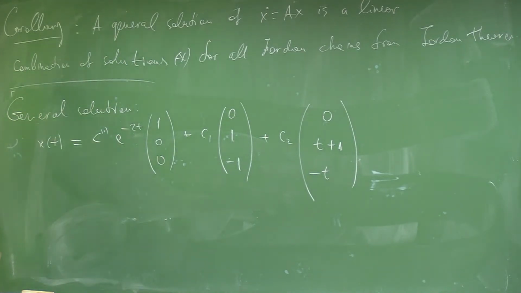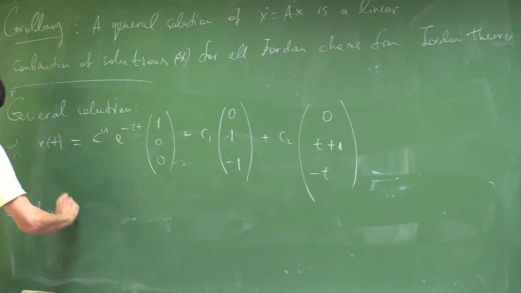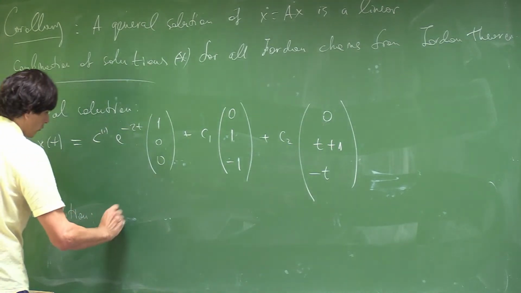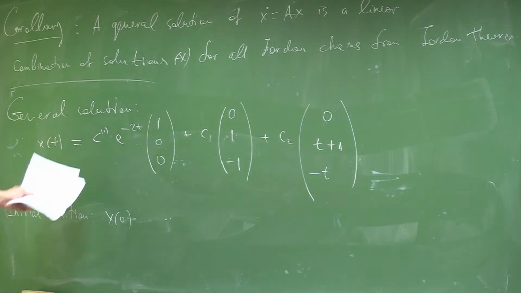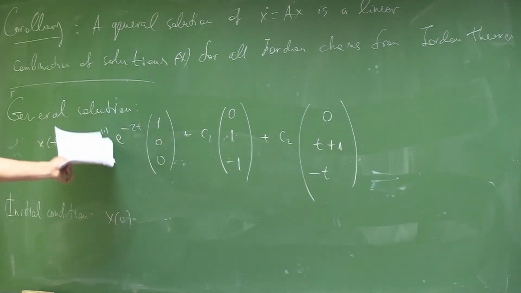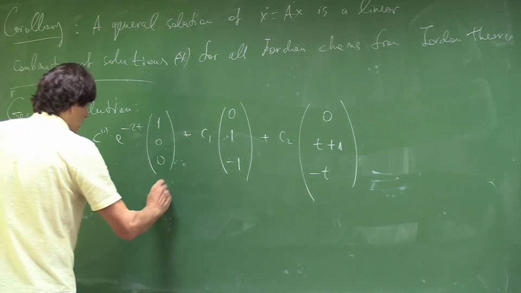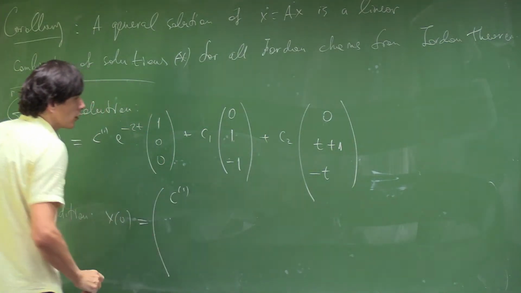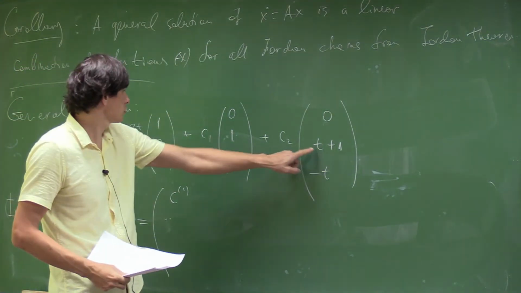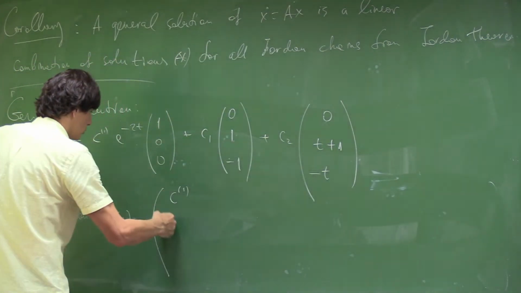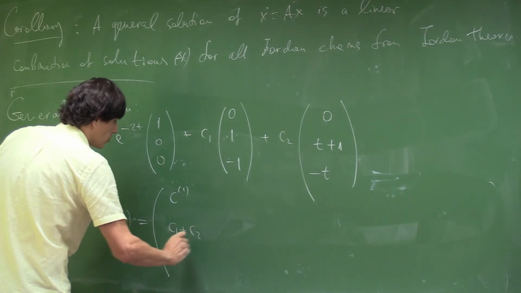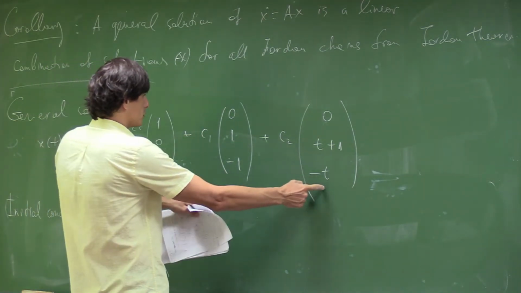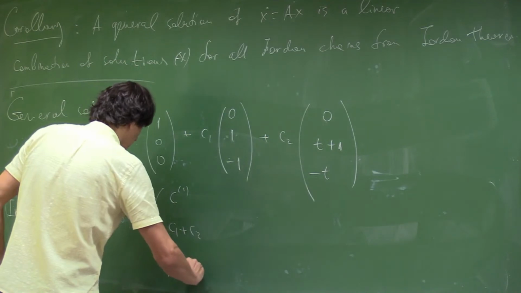So let's check the initial condition. What is x at 0? The exponent just becomes 1. And this is C1 comes here. And then here we'll have 0, so it will be C1 plus C2. And at the end, this is 0, so it will be minus C1.